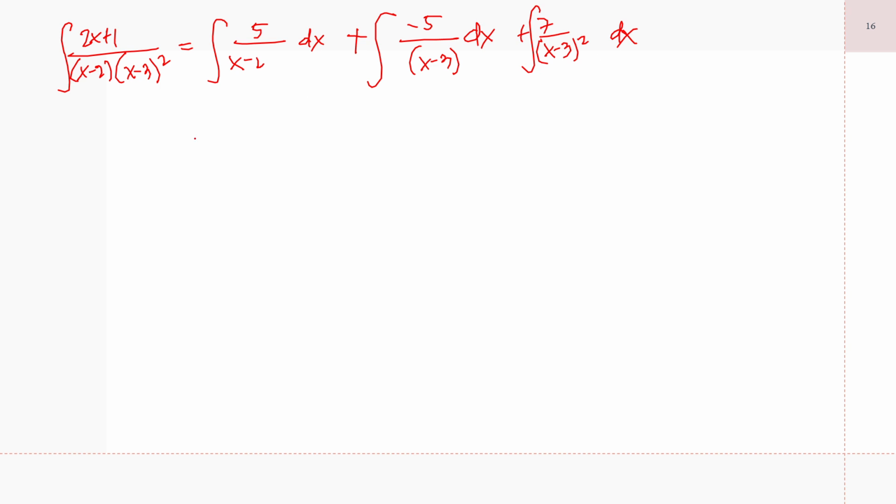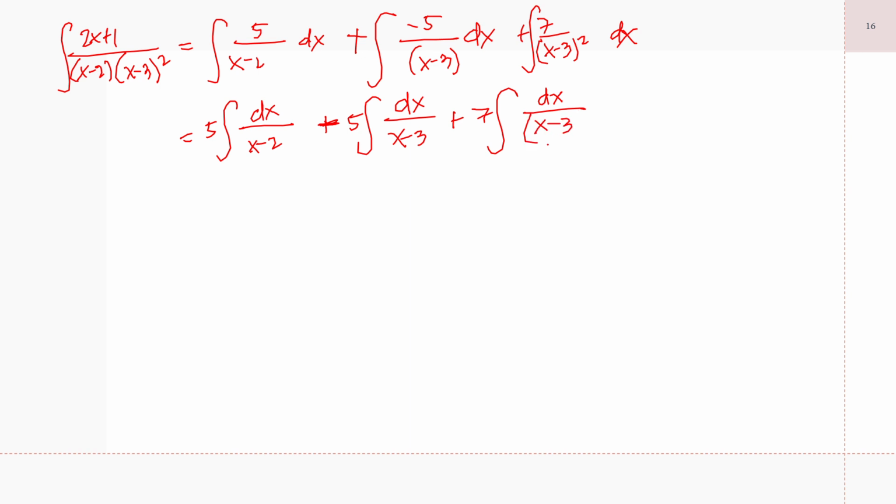So let's proceed. 5 times the integral of dx over x minus 2, minus 5 times the integral of dx over x minus 3, plus 7 times the integral of dx over x minus 3 squared. Next, our u here is x minus 2, and du is equal to dx.